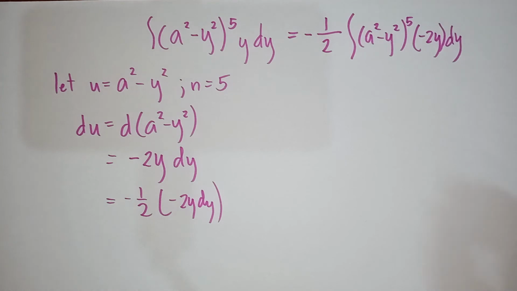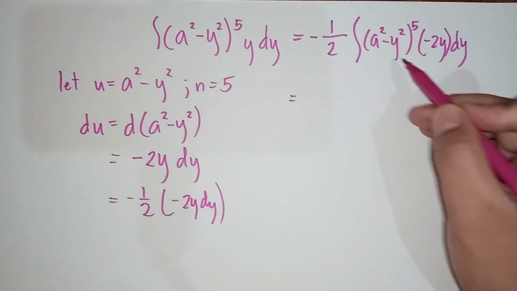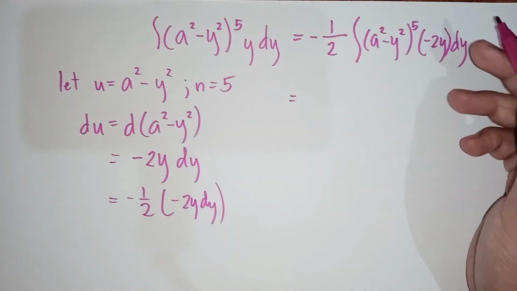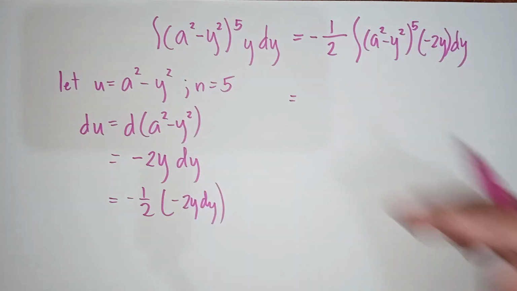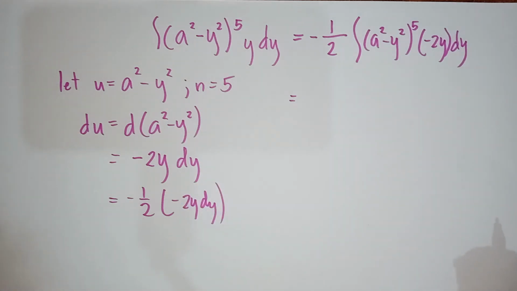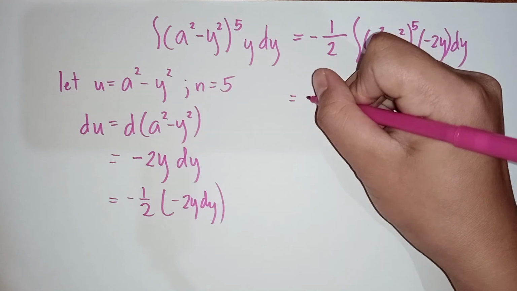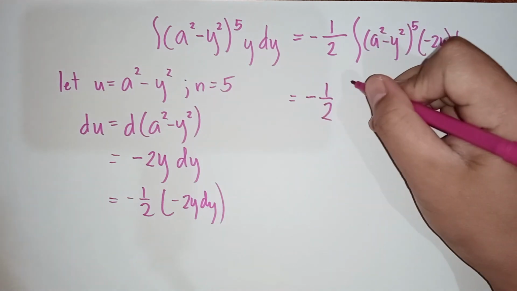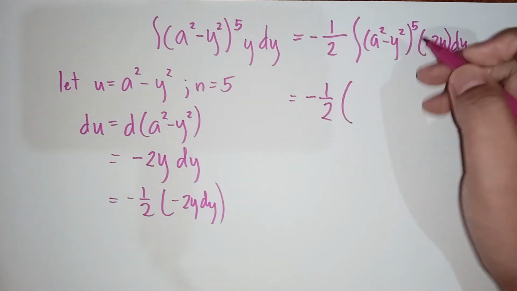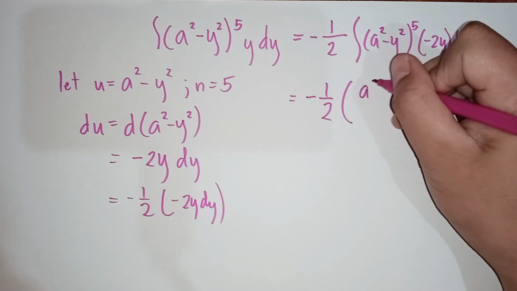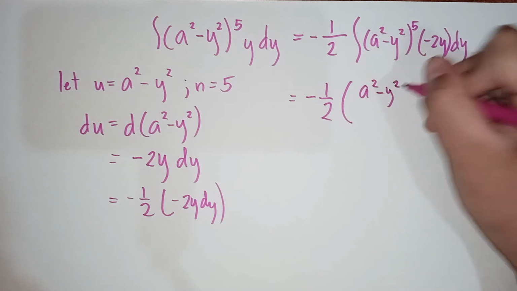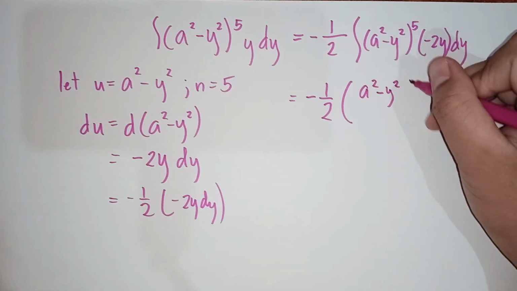Okay? So this is now our u and n is our 5. So by applying the power formula of integration, we have this is equal to negative 1 half times, so our u is a squared minus y squared. So this is a squared minus y squared, okay?